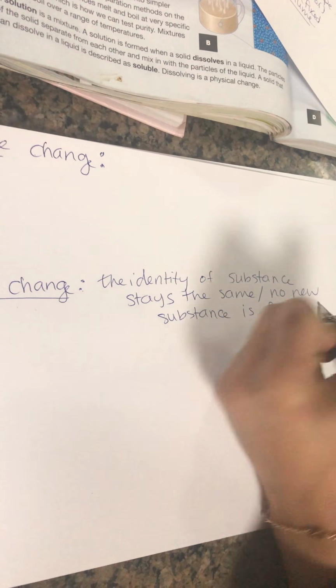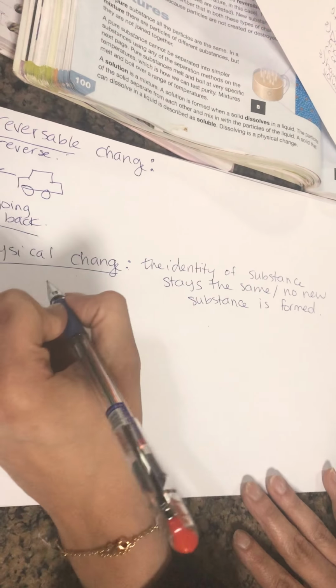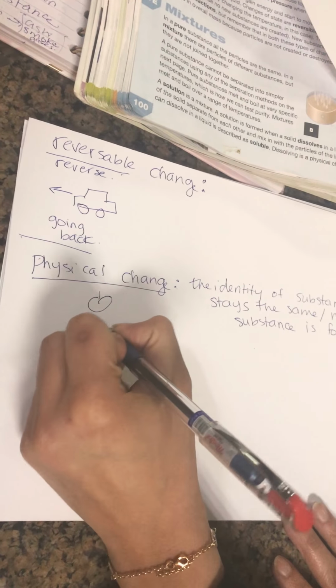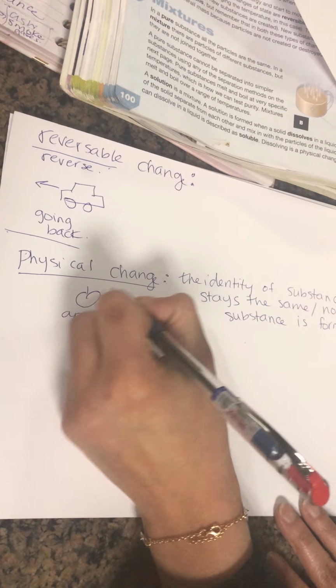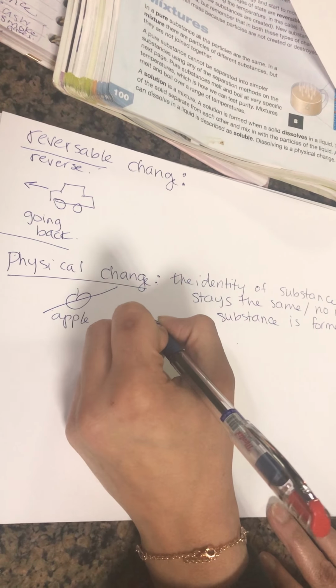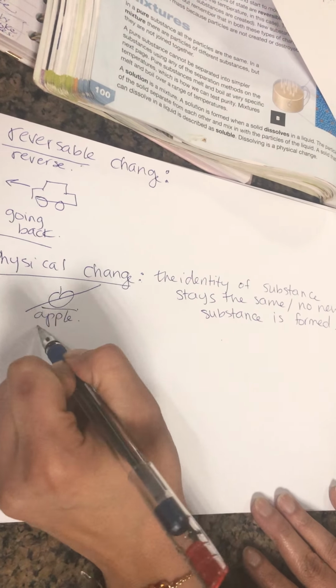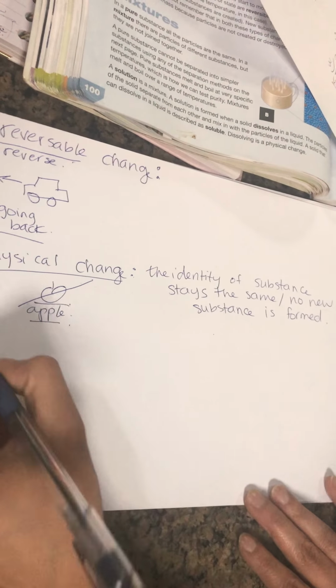Only the way it looks changes. So if I have an apple and I cut the apple in half, I have an apple, but cut in half. So the way it looks changed, but it is still an apple. That is a physical change.